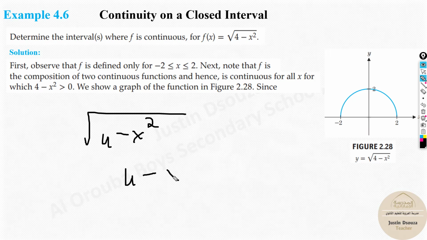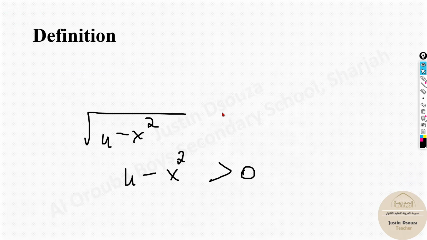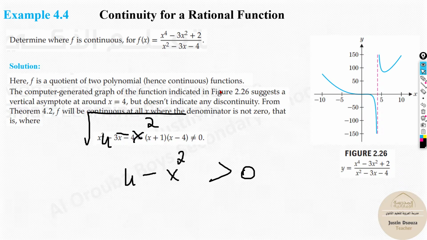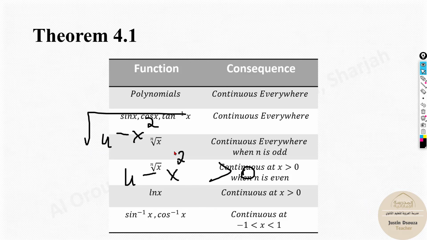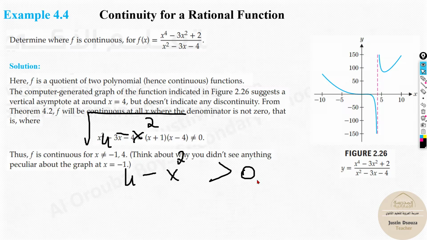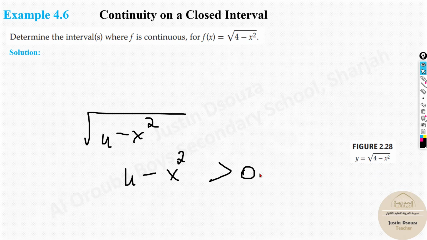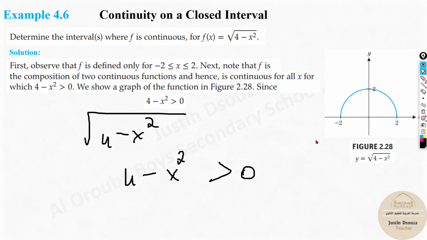If you're wondering why I'm doing this, let me quickly go to 4.1. See over here, the power is 2, so it is even. For even roots, the expression inside must be greater than 0. So that's why whatever is inside this must be greater than 0.